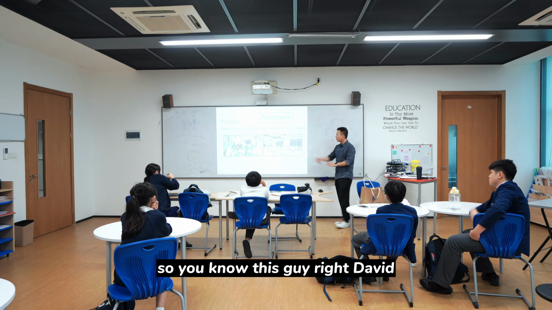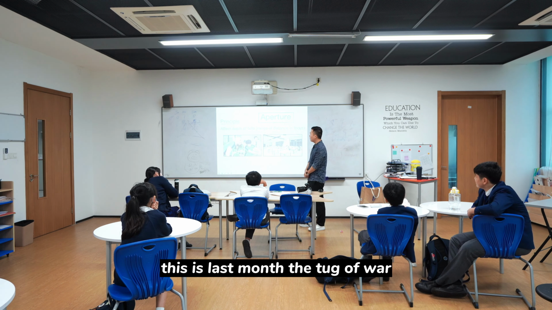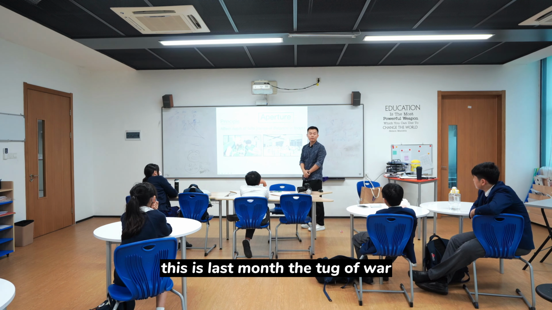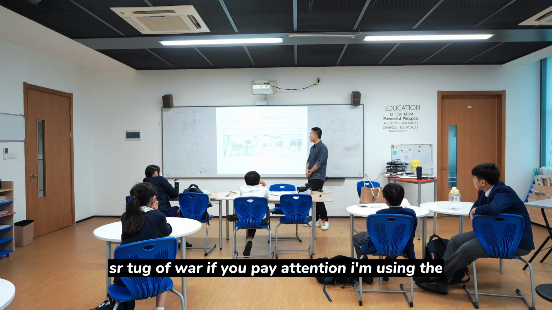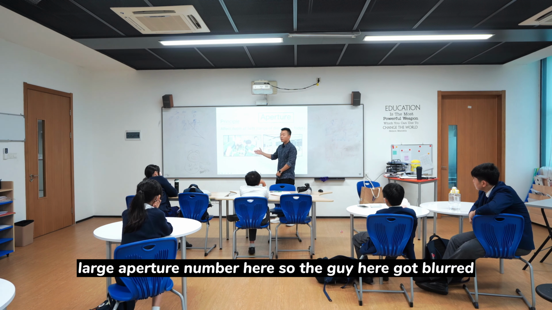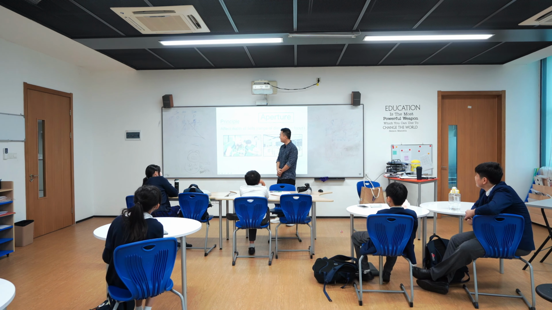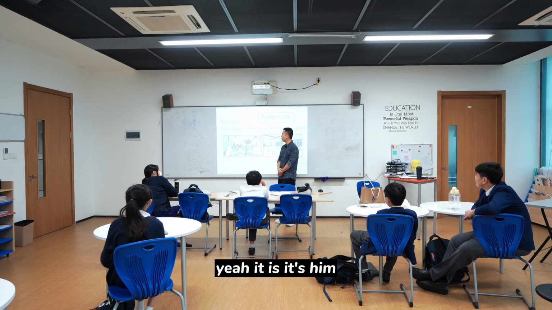So you know this guy, right? David. This is from last month, the senior tug of war. If you pay attention, I'm using the large aperture here, so the guy here got blurred. Yeah, it's him.